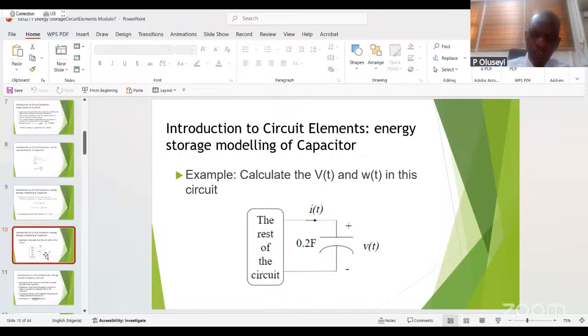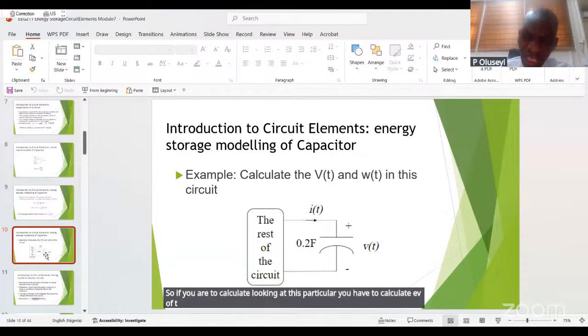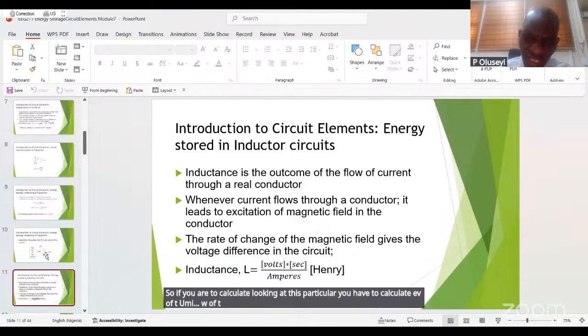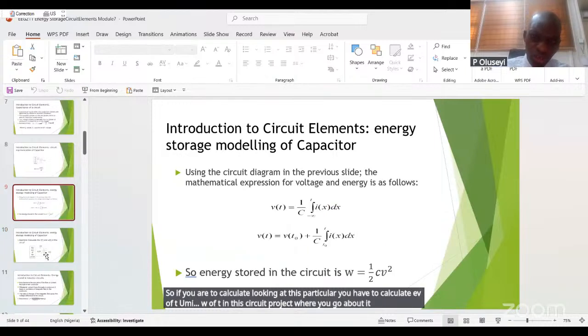So if you are to calculate, looking at this particular circuit, you have to calculate V of t and W of t in this circuit. When you go about it, you just use the formula that I have supplied here.